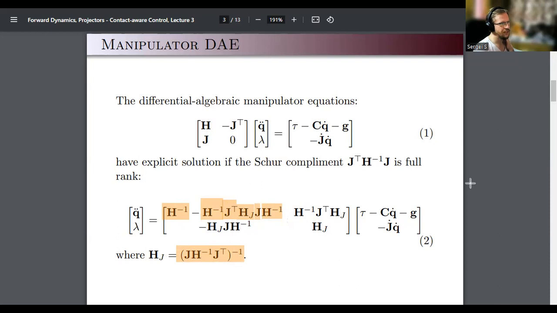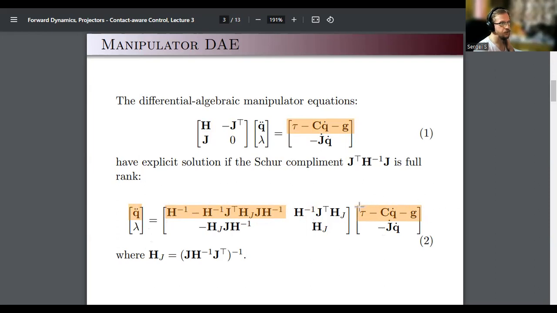You know, I don't want the slides to be too crowded, so that's why I introduced it. Okay. So Schur complement inverse appears here. This element basically is a coefficient of proportionality between the right-hand side of the manipulator equations and the generalized accelerations that they are producing.